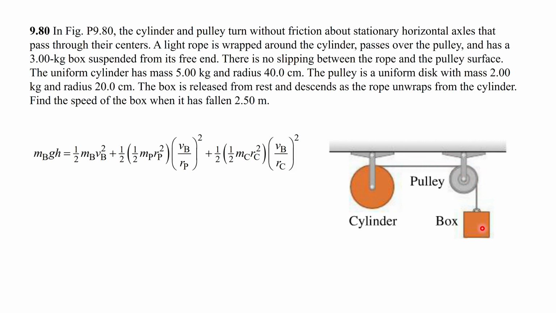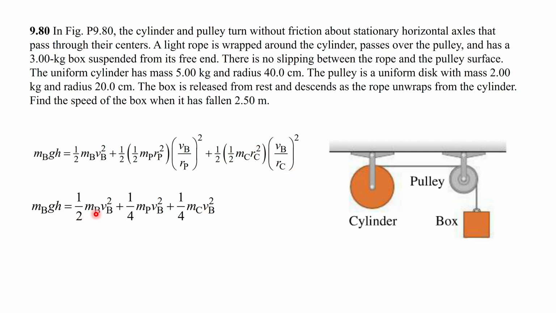If there's no slip, then this assumption is good. So here we have the kinetic energy of the box, the kinetic energy of the pulley, and the kinetic energy of the cylinder. And we have the work done by the gravity. So we do the simplification, and you can see the radius of the pulley is gone, and the radius of the cylinder is gone.